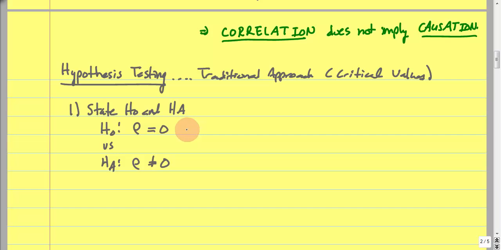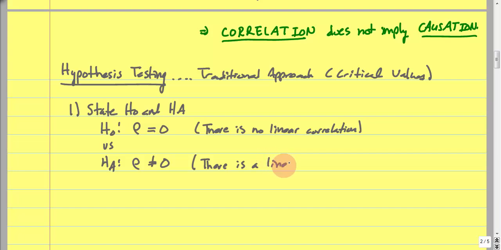Now, rho equals 0, we can translate as there is no linear correlation. Now our second option here, rho not equal to 0, that means there is a linear correlation. Now it doesn't tell what that linear correlation is, but it says there is one. They are related some way.